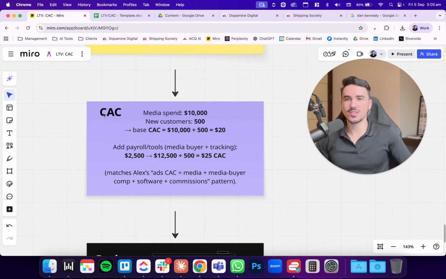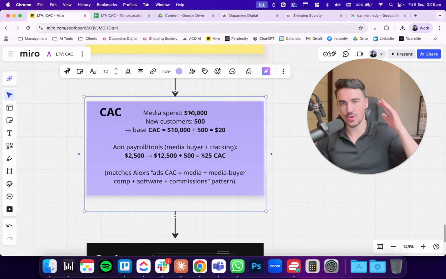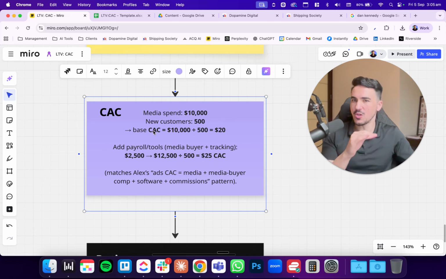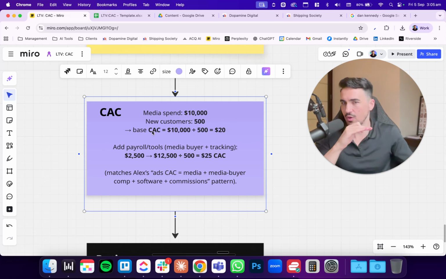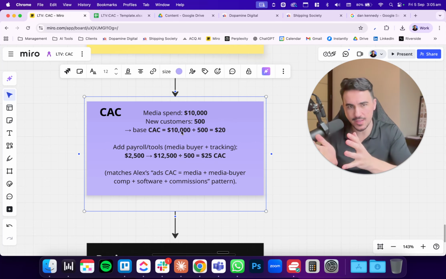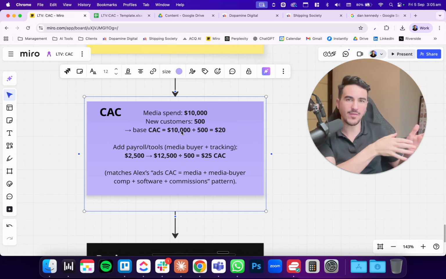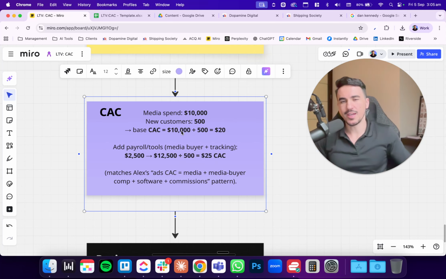And then the cost of acquiring a customer. Let's say you spend $10,000 on Facebook ads and you get 500 customers. Most people would go, the cost of acquiring a customer is $10,000 divided by 500. However, you need to take into consideration payroll and tools, right?